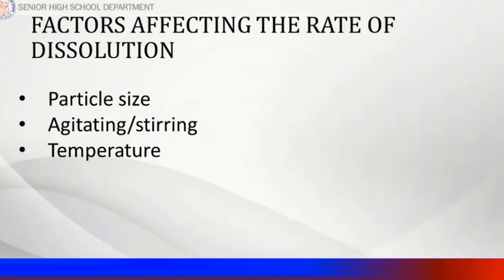Let's review first the particle size: if the particle size is greater or big, then of course the rate of the solution will be slower. If it is small, then the rate of the solution will be faster.